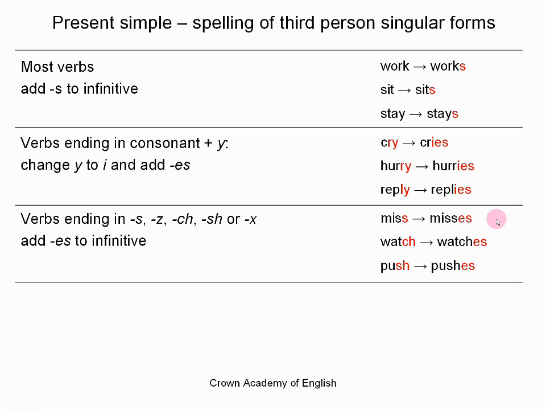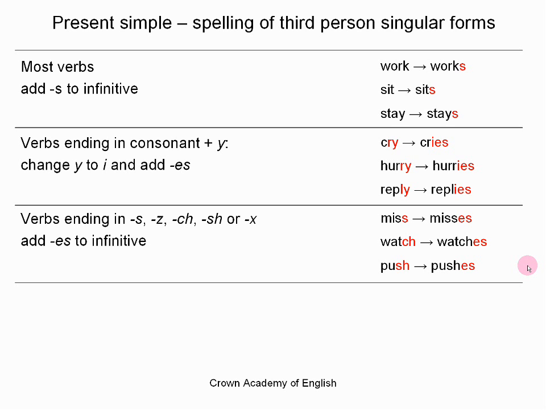So we would have I miss, you miss, he misses. Then the verb watch, we would have I watch, you watch, which then becomes he watches, spelt ES at the end. That's the important thing. It's the spelling as well. It's not just the pronunciation. You have to remember when you're spelling it that you don't just put an S at the end. You have to actually write ES at the end. And then the third example would be a verb like push.